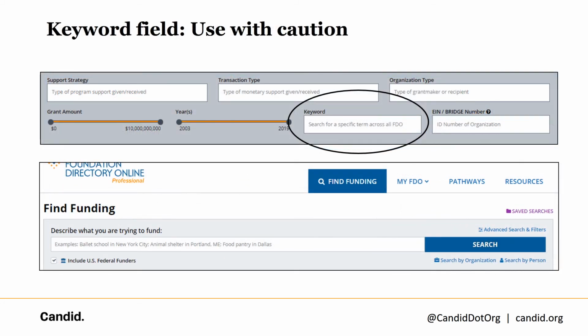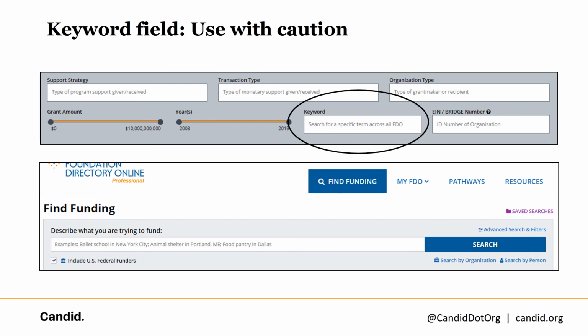Keyword field. This is a tool in the advanced section, but it's very temperamental. Whatever word you type in there, it's only going to look for that word. So you're going to get a lot of things that don't apply at all, or you're going to get nothing at all. Sometimes it can be useful if you type an organization in there, but you never know if you're getting exactly that information.